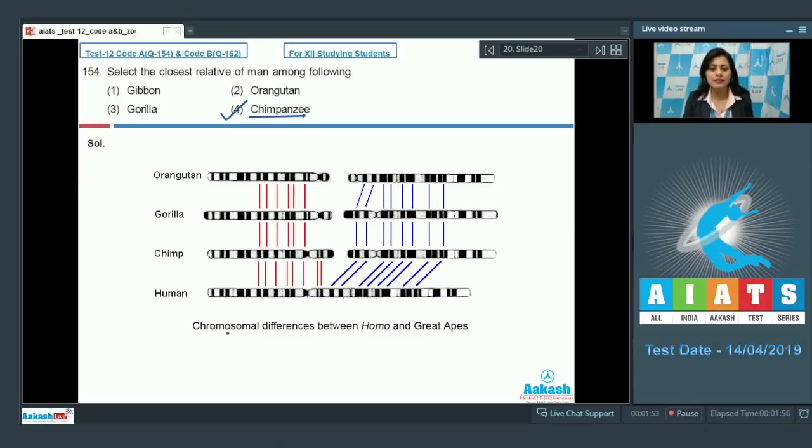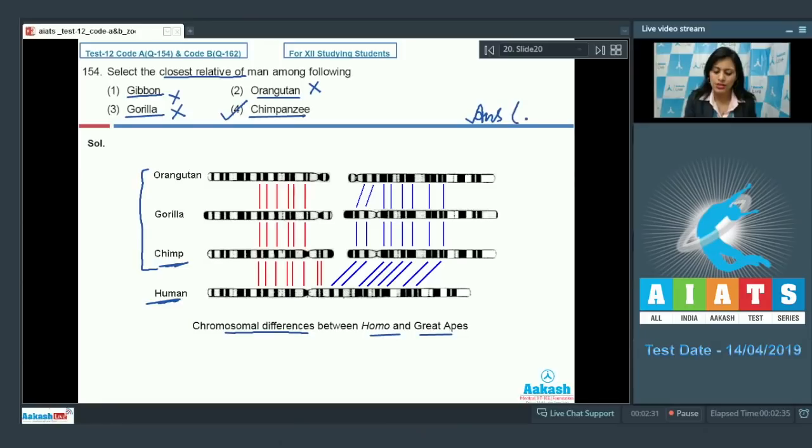As you can see here in this chromosomal differences between Homo and great apes like orangutan, gorilla and chimpanzee, humans share remarkable and significant similarity with chimpanzee. So the correct answer is 4, whereas rest of the options gibbon, gorilla and orangutan cannot be the correct answer because these great apes are not the closest relative of man. So the correct answer to this question is option number 4. Let's discuss our next question.